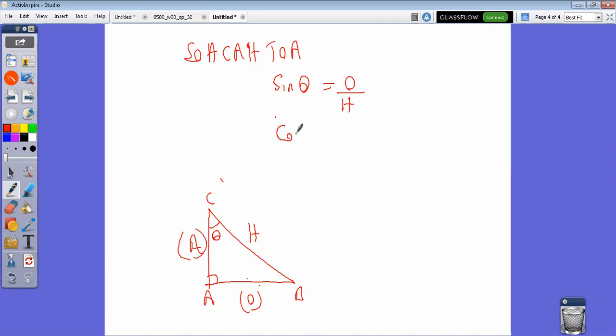Then cos theta is equal to adjacent, A over H. Then tan theta is equal to O over what? Over A. Is that clear? Or not clear?